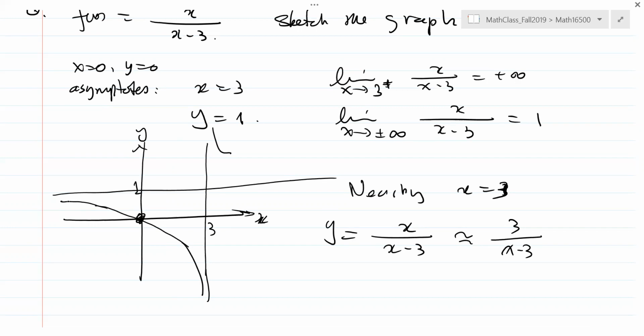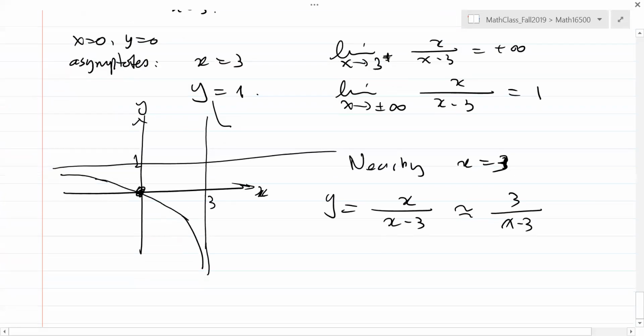If not, it's always below the asymptote here, and always above the asymptote there. I'm pretty sure it will not cross this horizontal asymptote. The reason is x over x minus 3 is never equal to 1.